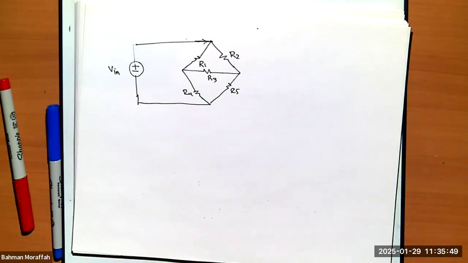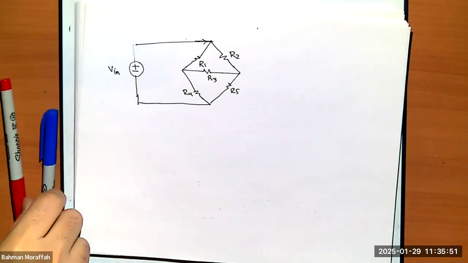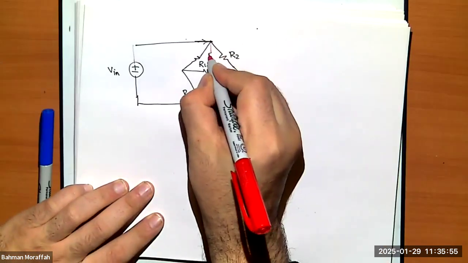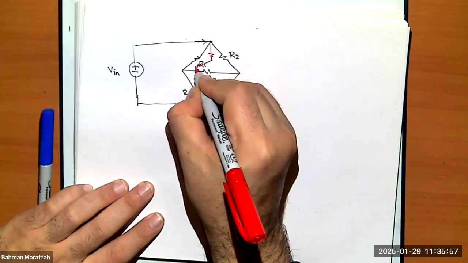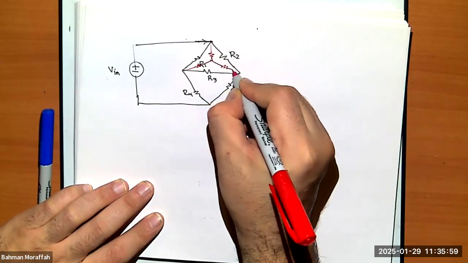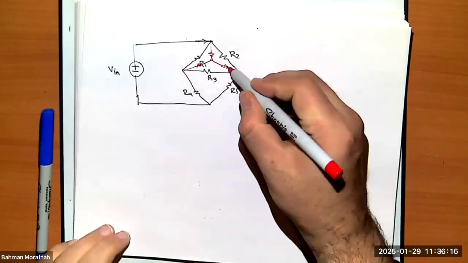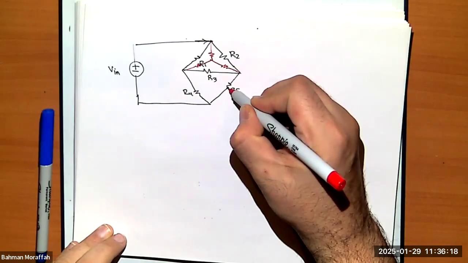But it would have been very nice if I could replace this triangle up here with a circuit that looked like this. Right? It would have been much, much easier. Because as soon as I replace that triangle with this upside down Y, now I know these 2 resistors, this one and this one, they're in series.